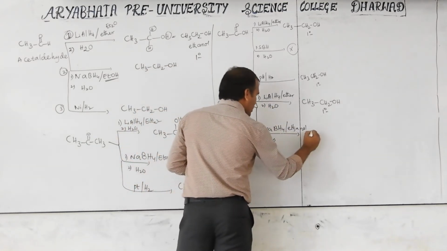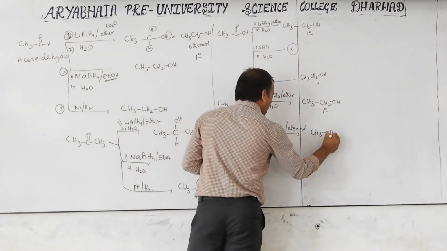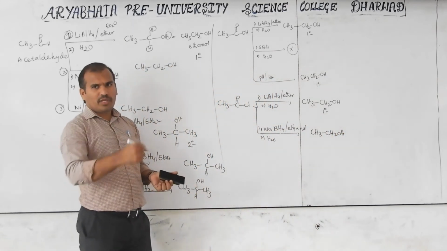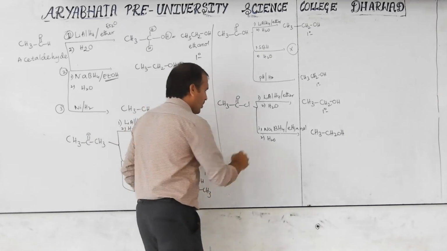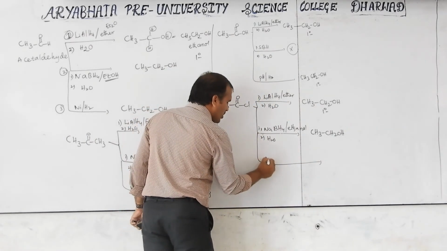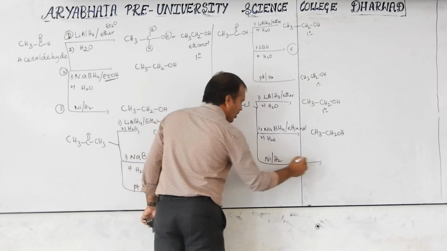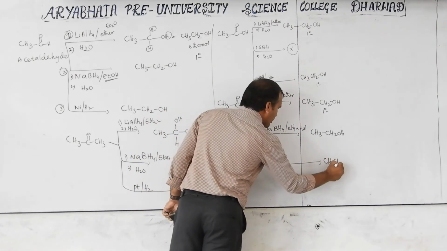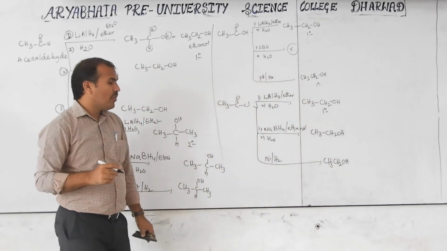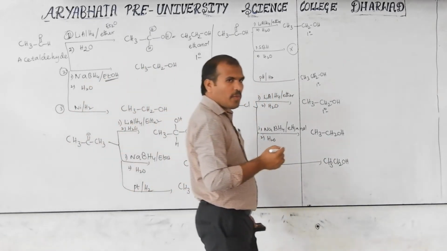Here also the product is the same, but keep in mind in the table, this acid chloride is reduced with SBH, it is positive. Next, you can use any one of these methods. For example, I am using nickel and hydrogen. Then we will get the same product, CH3CH2OH. Acid chloride completed.